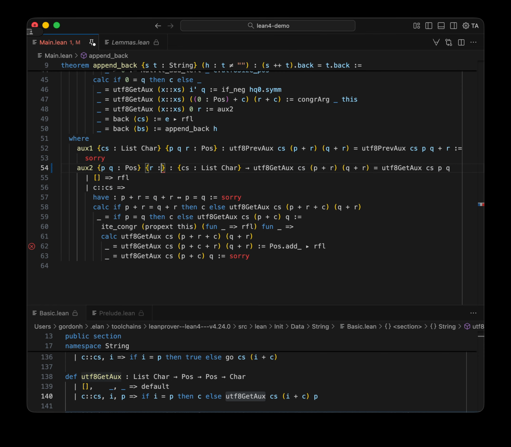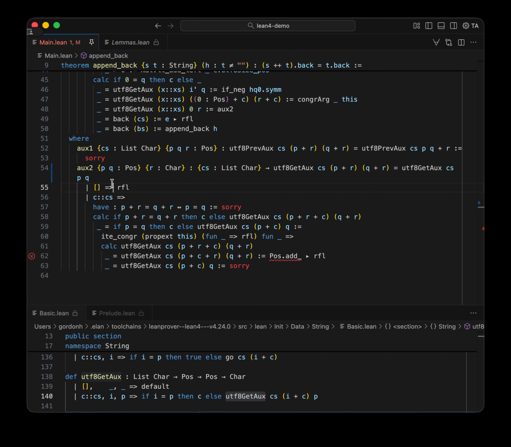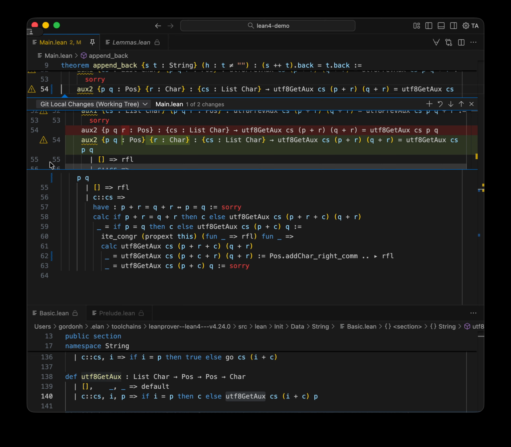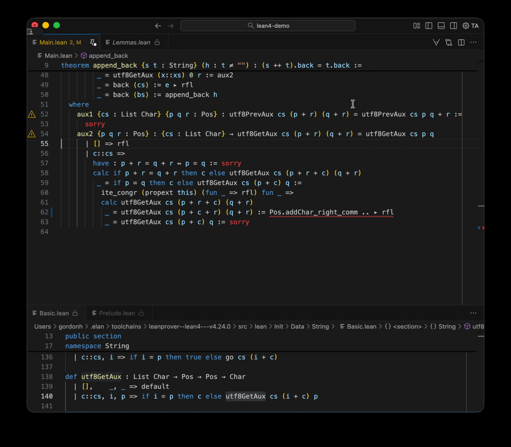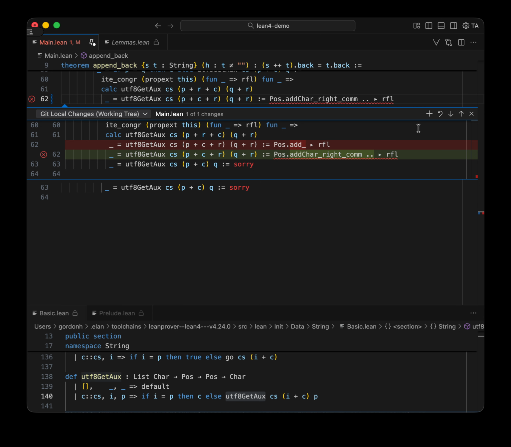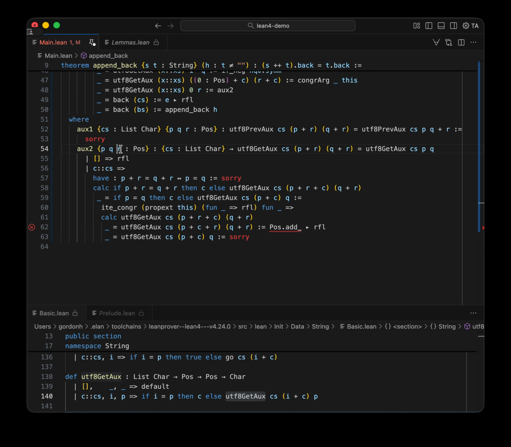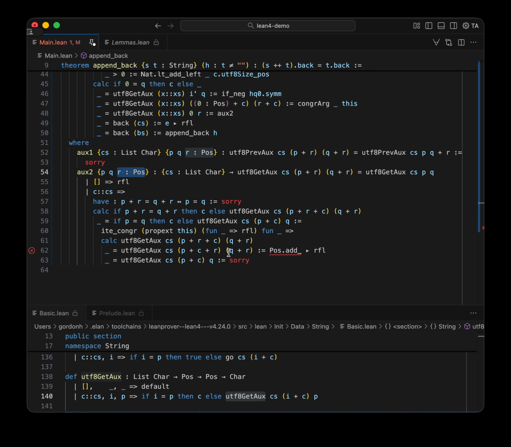All right. Okay, all the rest should work. This is one way to do it. Let me revert it. But actually, the reasoning still holds for a more general case where R is any position, not necessarily just one character.